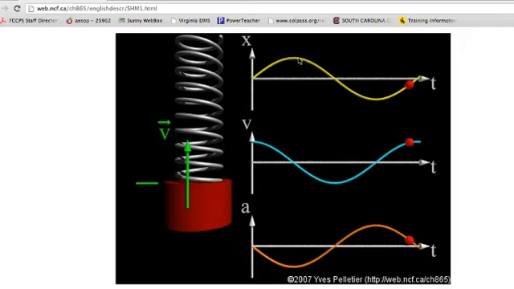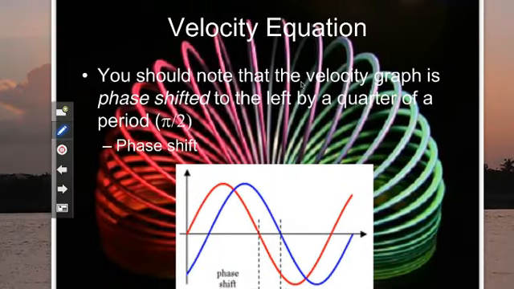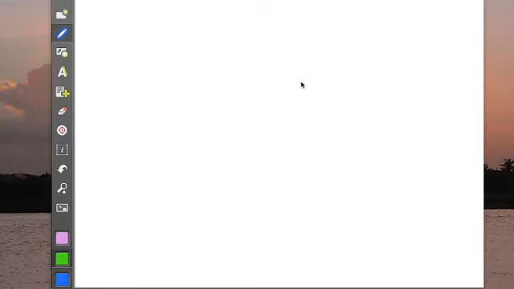If we look at our displacement here at the top graph, and our yellow graph, and then our velocity right below it, there's a phase shift here of pi over 2, or 1/4 of a wavelength. And let me just kind of show that a little bit more clearly here, or attempt to.